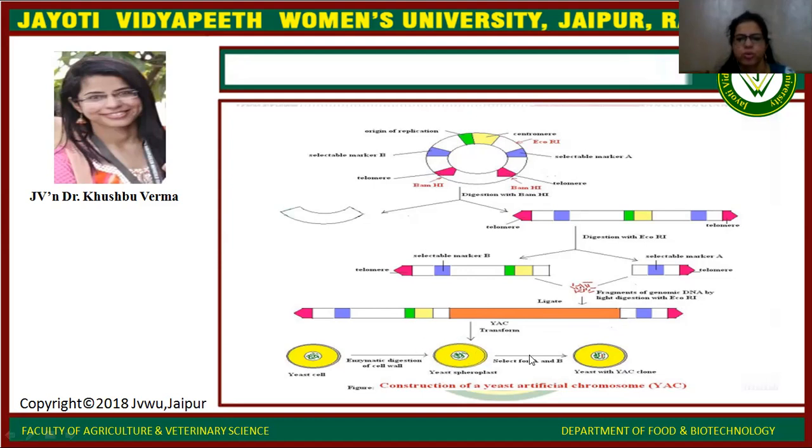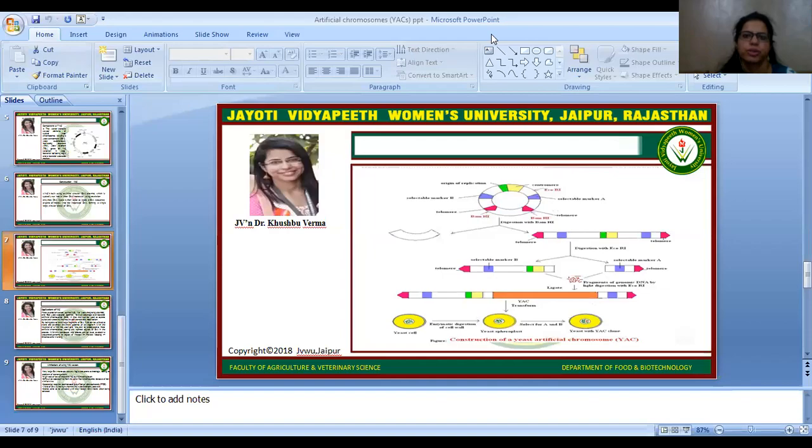Further, you can go for the selection of whether the yeast cell is recombinant or not. So you can go for the selection, or you can go for the enzymatic digestion of the cell wall. So that's how recombination occurs of YAC vector into the yeast cell.